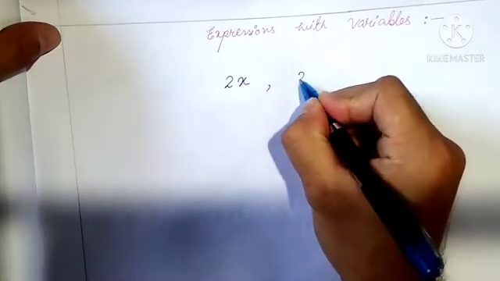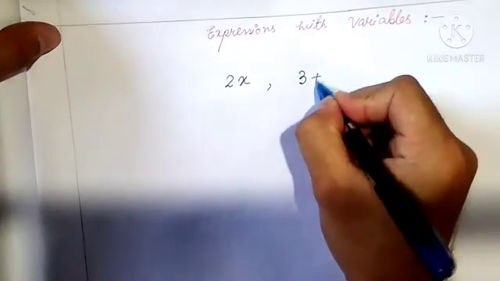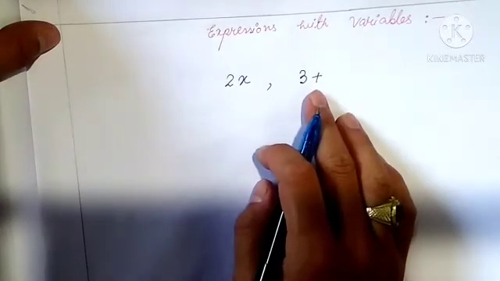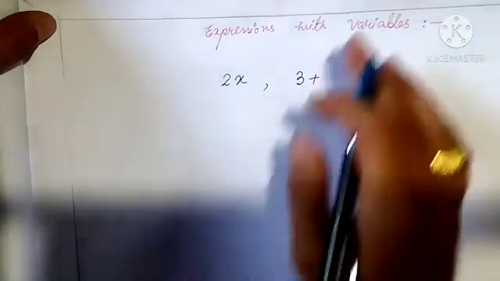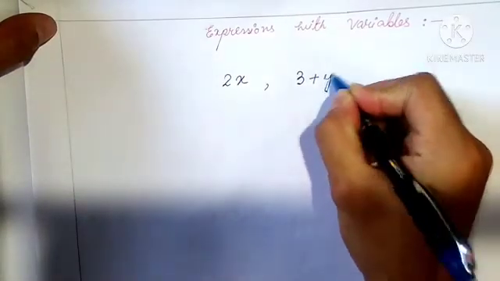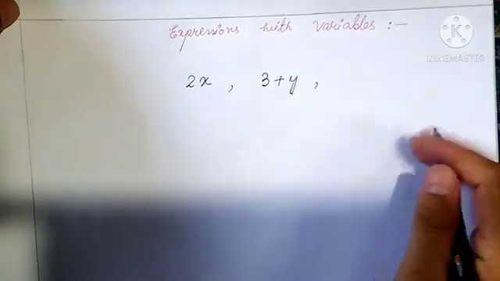So let's say 3, which is a number or constant, plus, here we have used the mathematical operation addition, that is plus. 3 plus, and use a variable. Don't forget to use a variable. For me, I will use y. 3 plus y. Then let's try to make another one.